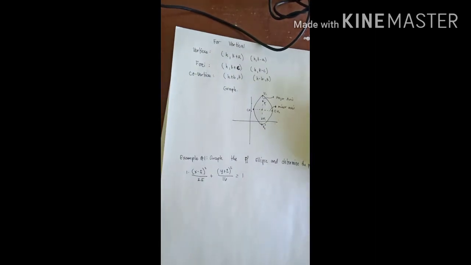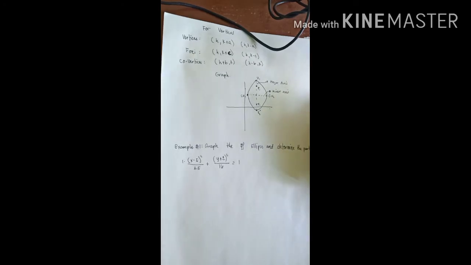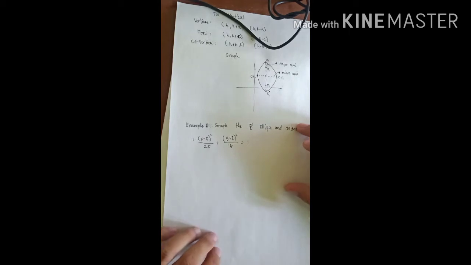Okay, now example, graph the following ellipse and determine the parts. So we have x minus 5 quantity squared over 25 plus y plus 2 quantity squared over 16 is equal to 1. So let us first identify the type of ellipse.